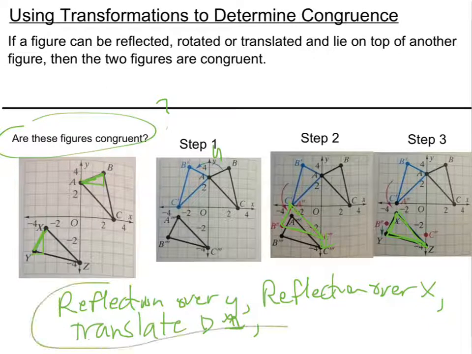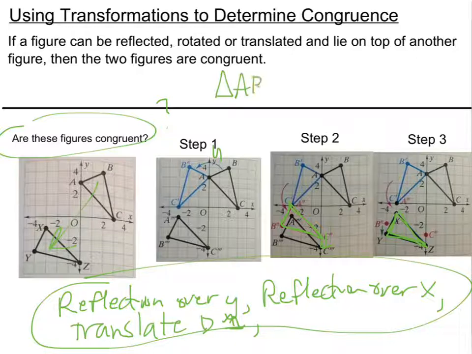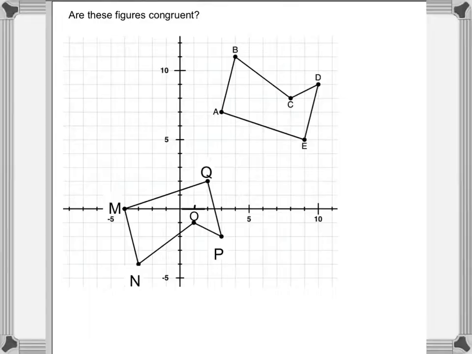Because I can describe to you a series of transformations that drops the original triangle right on top of the other triangle, we know that we can conclude that triangle ABC is congruent to triangle XYZ. Okay, so since I found this series of transformations, I can conclude that. Let's try it one more time on our own. Now the question is, are these figures congruent?